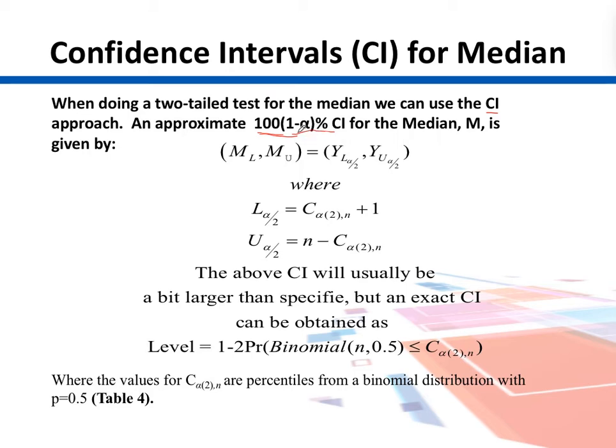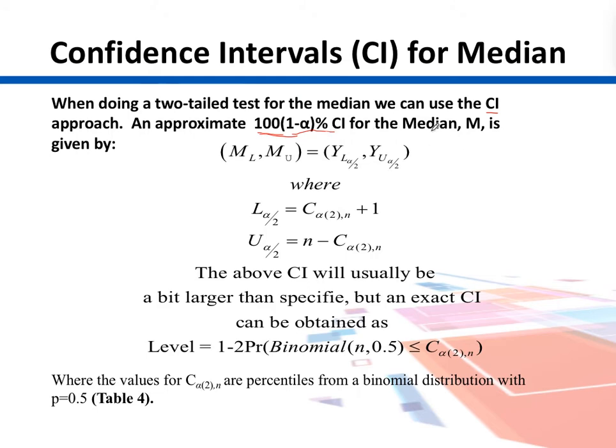Plugging into this formula, alpha equal to 0.05 gives a 95% confidence interval. If we set alpha as 0.1, the confidence interval will be 90%. For a 99% confidence interval, we need to set alpha as 0.01.